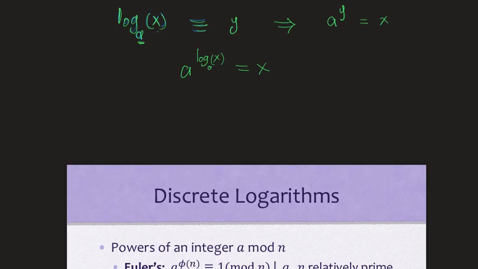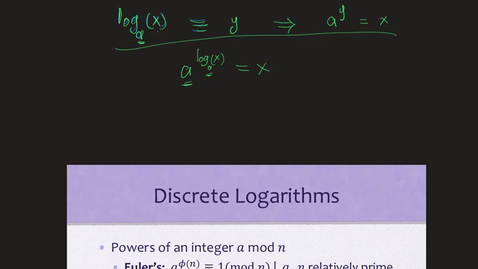Because raising to the power is the inverse operation of taking the logarithm, as long as you maintain the same base. So this is the base of the power, and this is the base of the logarithm. And again, this follows directly from the definition: if a to the power y is equal to x, then this is equal to x. Okay, so that's per the definition.